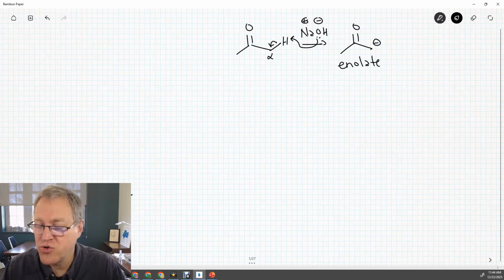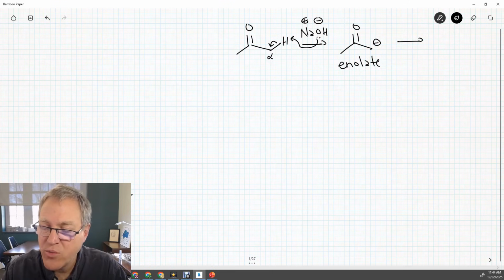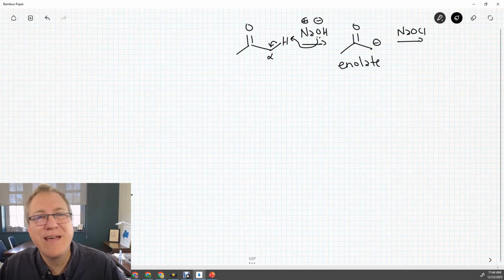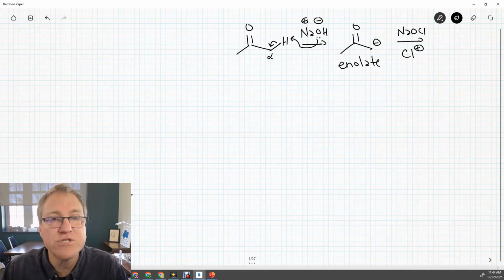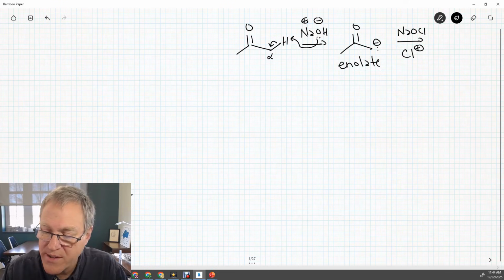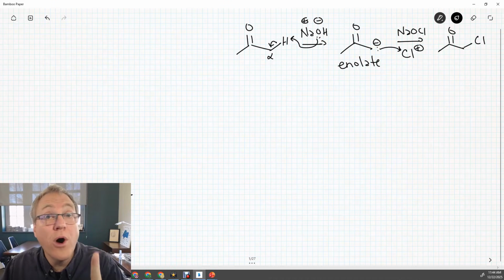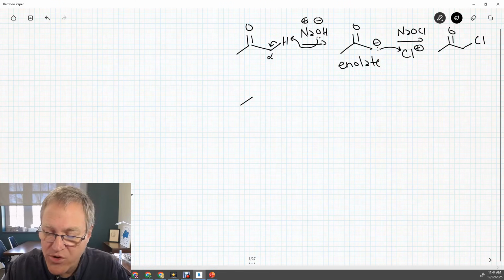That enolate is a good nucleophile, and it can react with sodium hypochlorite. I don't want to try to figure out exactly what form of sodium hypochlorite reacts, but some form of it does react, and this acts as a source of electrophilic chlorine. And so we attack, and bam, we've put one chlorine on there. Let's do this a couple more times.